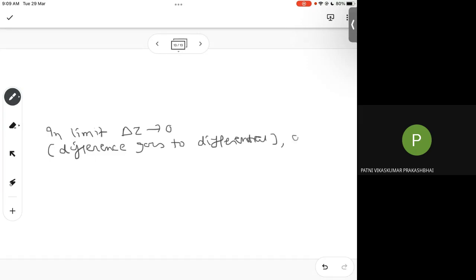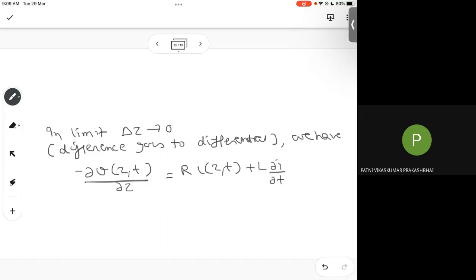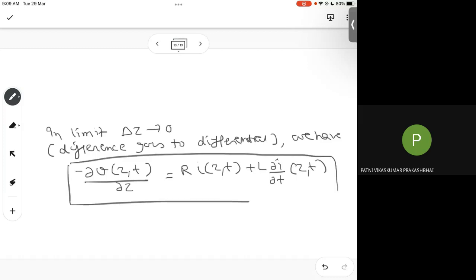So if I apply this limit, what we get here is minus del V(Z,T) over del Z is equal to R I(Z,T) plus L del I by del T (Z,T). This is the equation which is important to us.